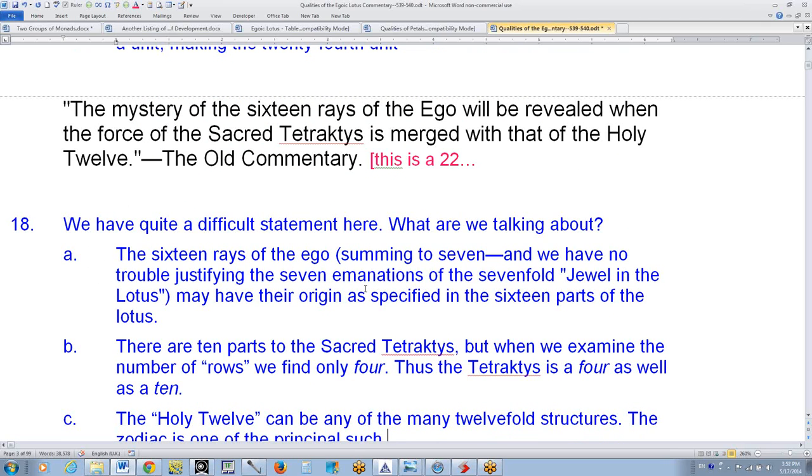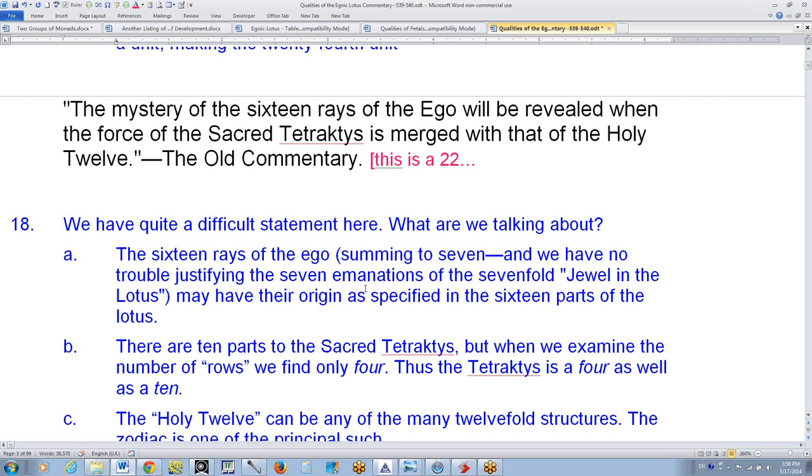Well, the 16 rays of the ego summing to 7, and we have no trouble justifying the 7 emanations of the sevenfold jewel in the lotus, may have their origin as specified in the 16 parts of the lotus. So there are 10 parts to the sacred Tetractys. But when we examine the number of rows, we find only 4.